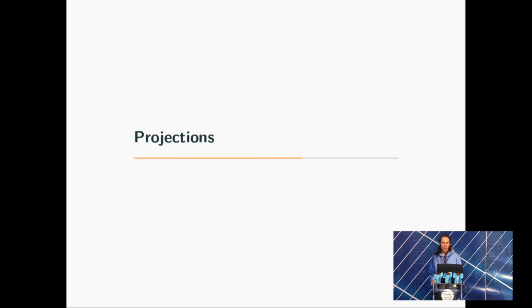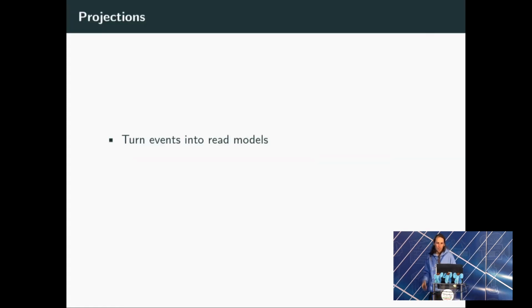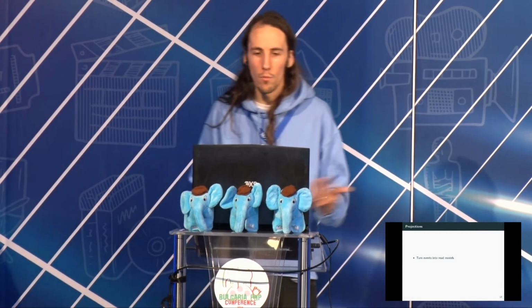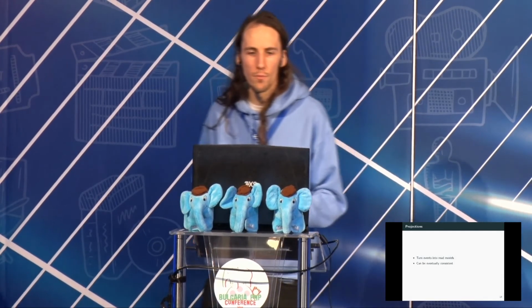It's okay if you're looking at a single entity, but if you need to query over multiple entities, or if you need to rapidly display UIs, you don't want to be loading up all of those potentially hundreds of events every single time. So we create a projection. The idea is it turns a stream of events into a read model of some form. Could be a relational database table, could be a document store like MongoDB or Elasticsearch, whatever suits your use case.